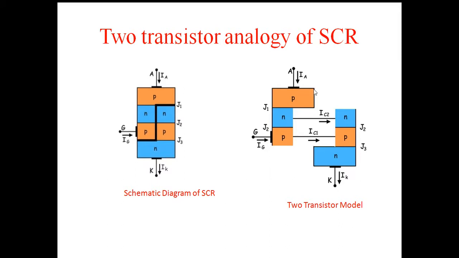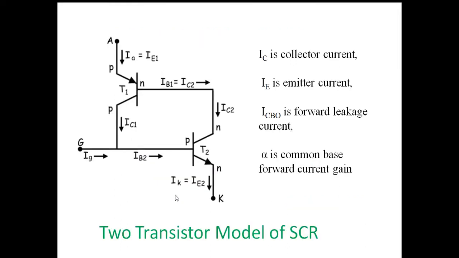So it is represented as PNP, NPN. This is the true transistor model representation, and this is the schematic diagram of SCR. We are going to analyze the transistor analogy of SCR. So this is the two transistor model of SCR.